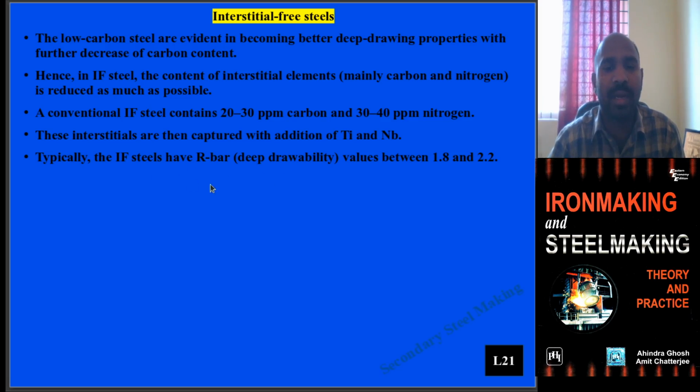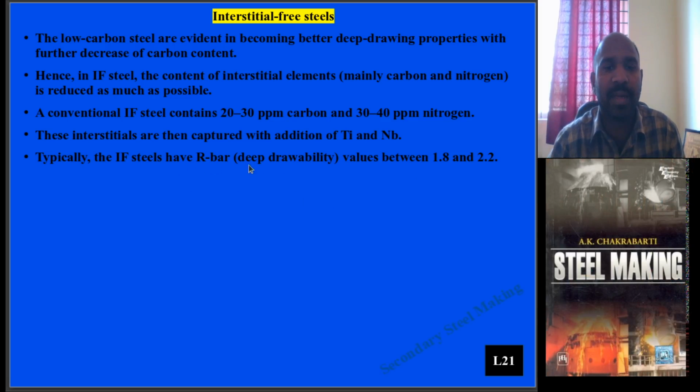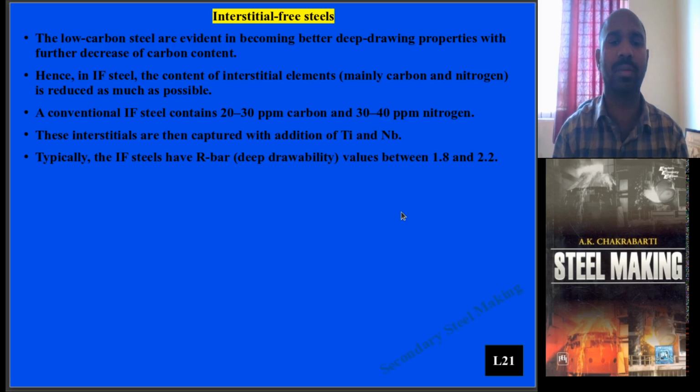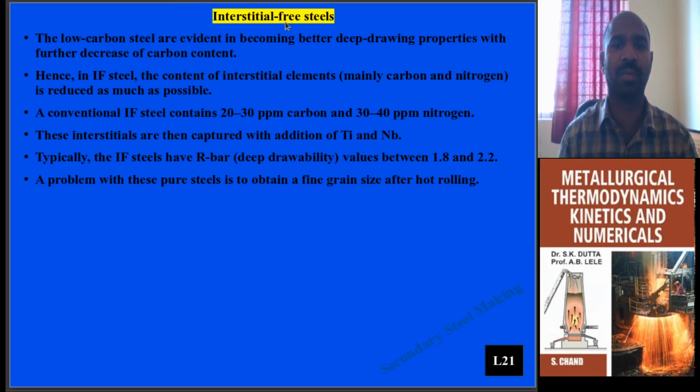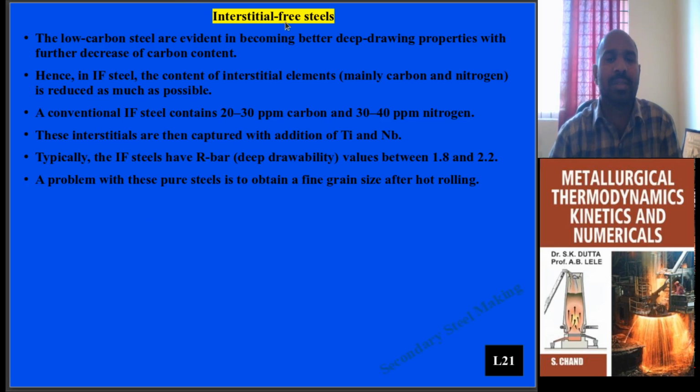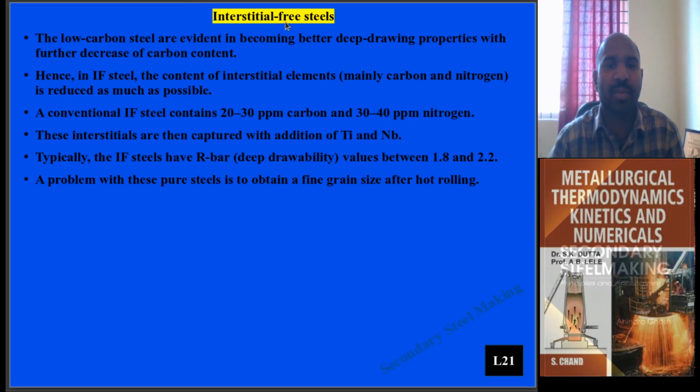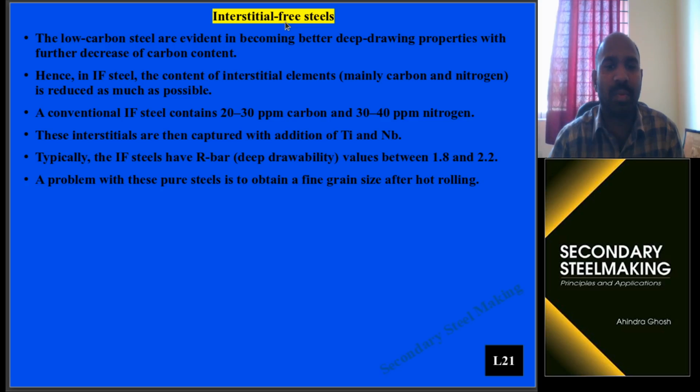IF steels have R bar values in the range of 1.8 to 2.2, which are quoted in many scientific articles and textbooks. Since it is interstitial free steel, you can also call it a pure steel, but it doesn't mean that it is iron. It is a steel with a low percentage of carbon.